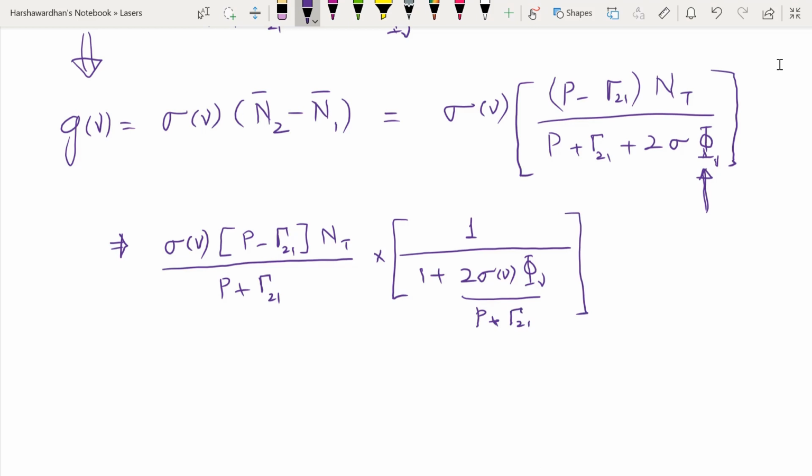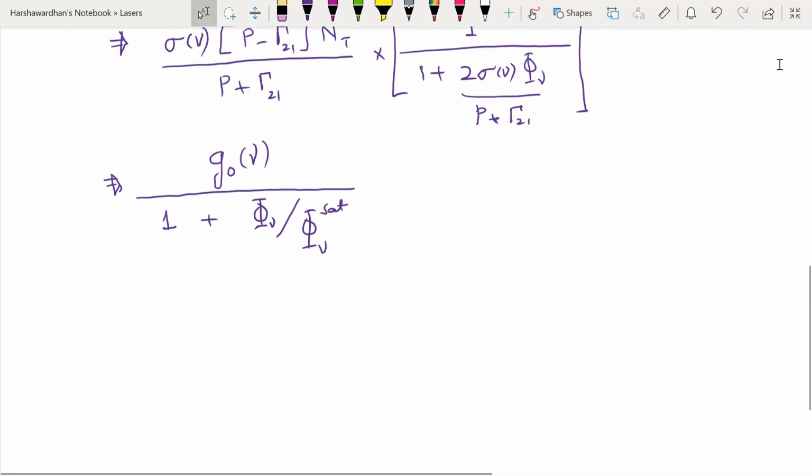So you see, I can rewrite my gain in the following form. And the form is extremely general. I can rewrite this as g naught of nu, right? This is my prefactor, and this is 1 plus phi nu divided by phi nu saturation. So here I'll quickly identify these two terms.